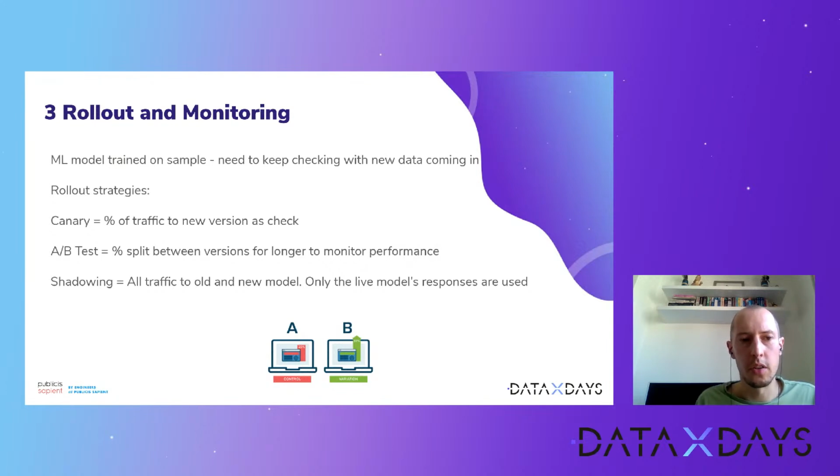So if we drill now a bit more into rollout, there are different rollout strategies, one of which we've talked about a little bit already, which is the A/B test, where the traffic to the model is split between different versions, and each version gets a certain percentage, and you monitor that over a period of time until you've got a good enough sample.